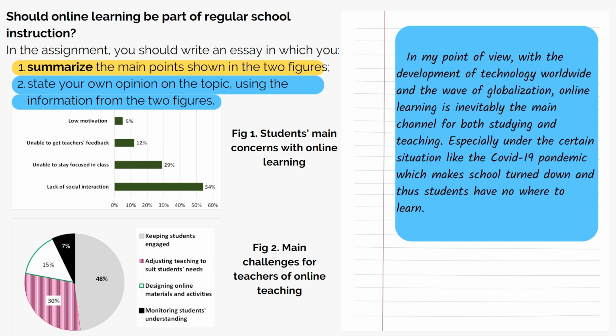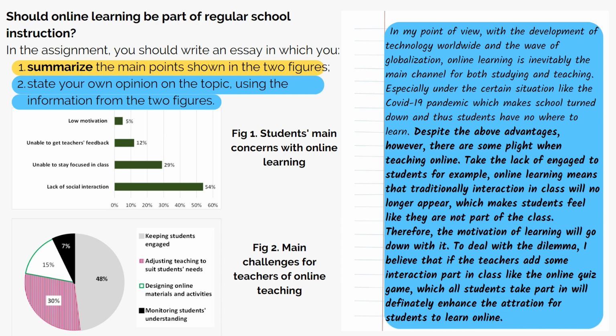First, they state their opinion that they do think that online learning should be a part of school instruction, and they include reasons such as technology, globalization, and mention situations like COVID-19 in which students do not have a physical space to learn. The next part of the paragraph includes information from the two figures.